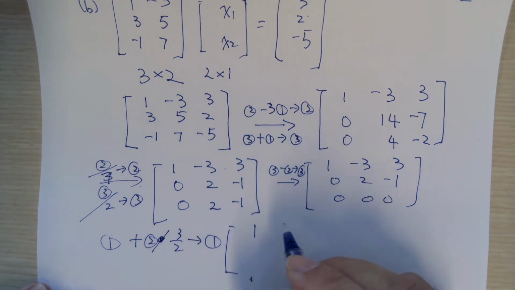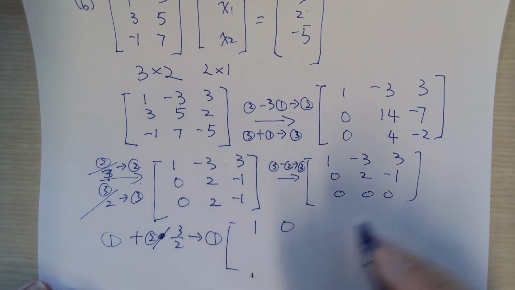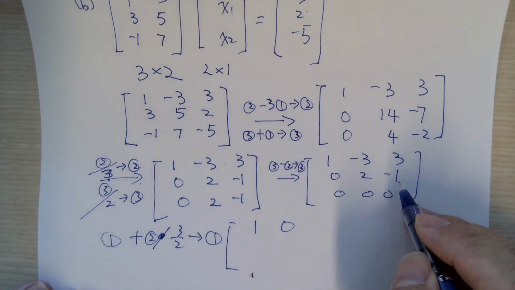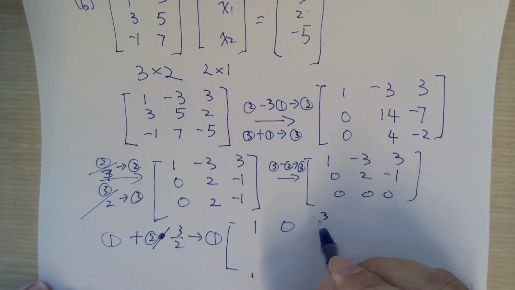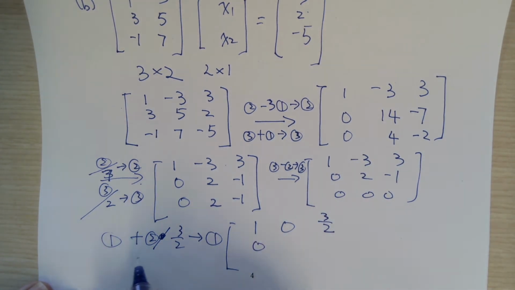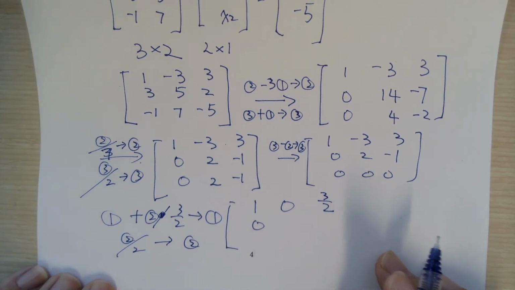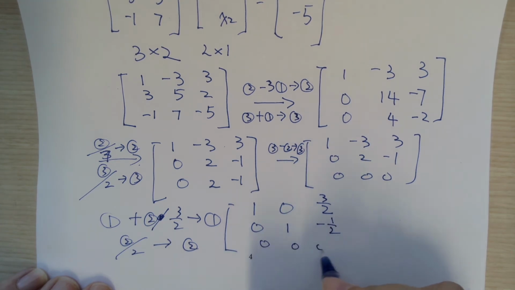So 1, 0. So for here, it's negative 3 over 2 plus 3, so it becomes positive 3 over 2. So this part is 0. If I use row 2 divided by 2 becomes new row 2, it's going to be 0, 1, negative 1 over 2, 0, 0, 0.